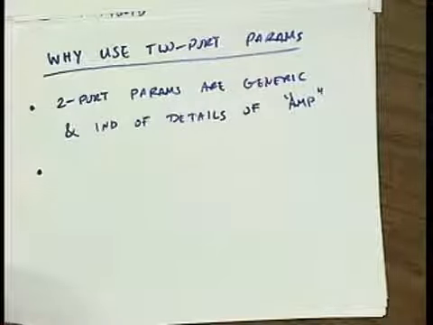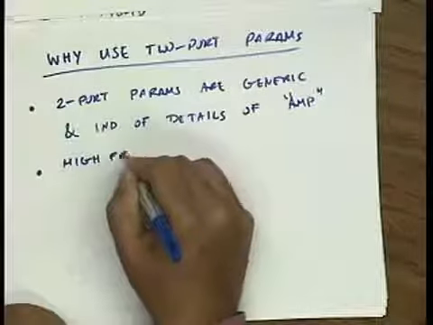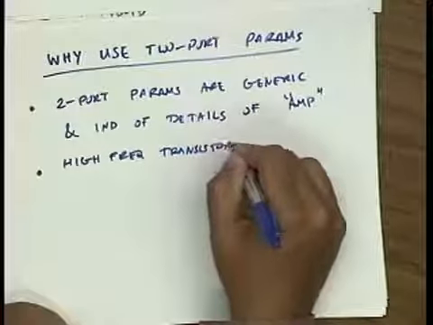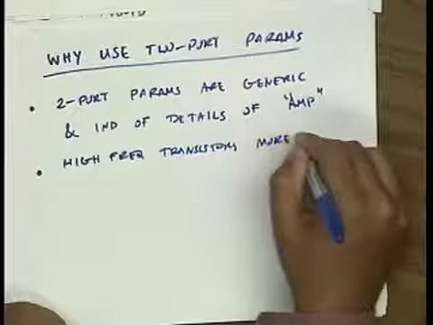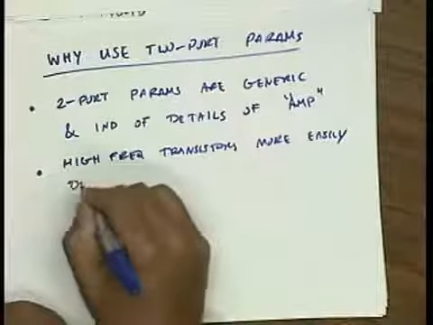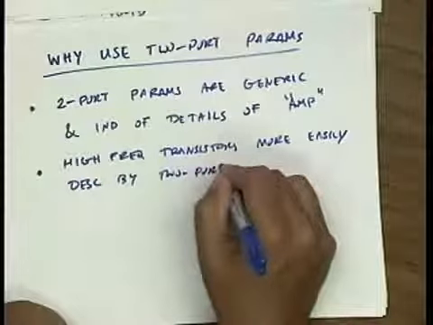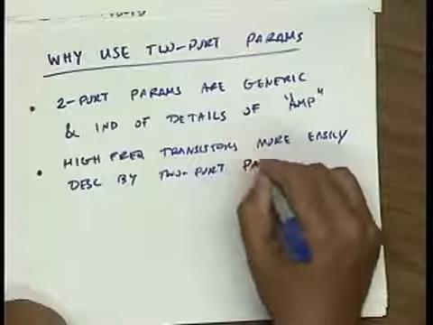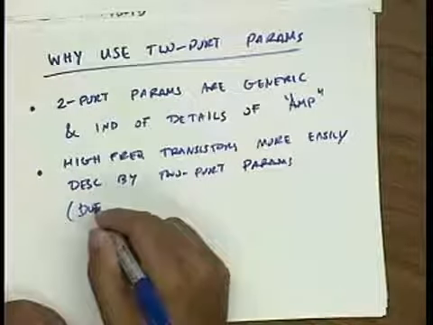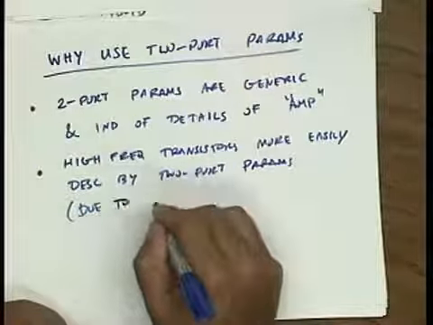The other reason we use two-port parameters is that we'll find that at high frequencies, transistors in particular are more easily described with two-port parameters. And this is due to the distributed nature of the input gate and the channel.